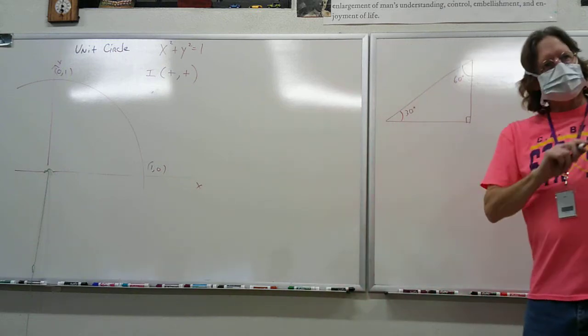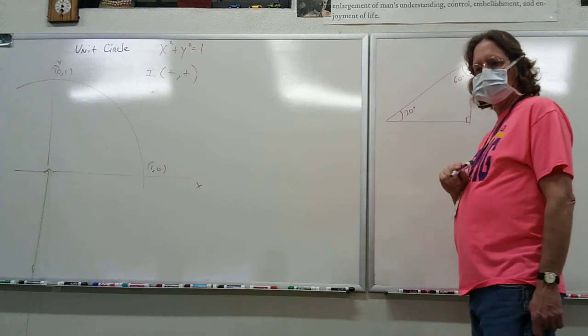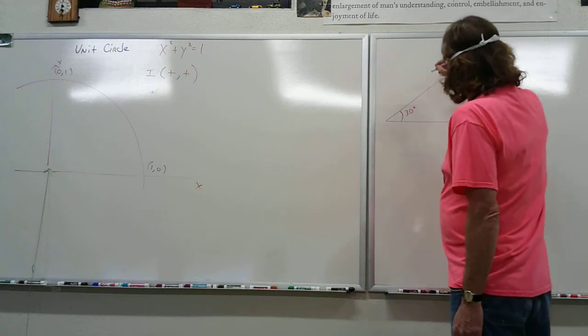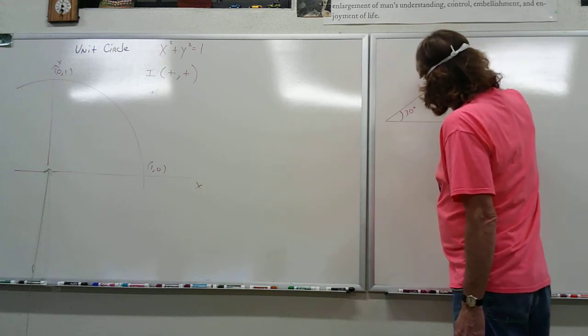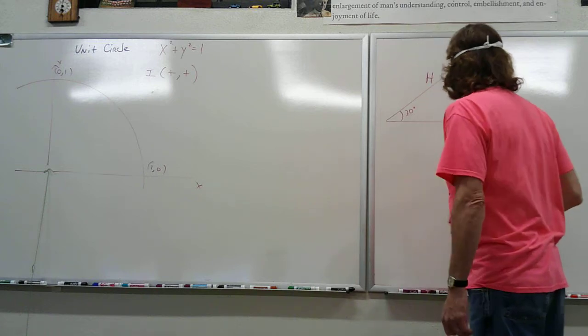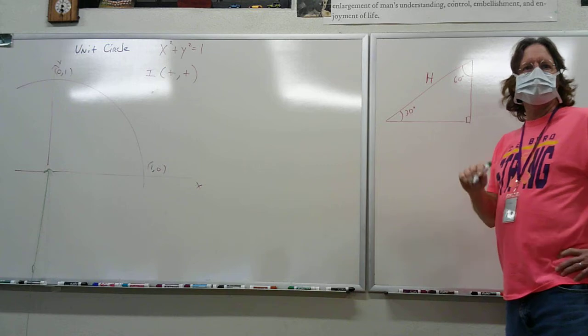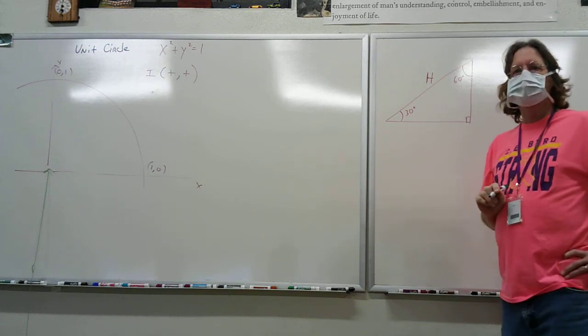And you learned some rules about that triangle. Those 30, 60, 90 triangles. You learned some rules about those. And if you have the hypotenuse right here, you learned that the side of 30 degrees always had a special relationship to the hypotenuse. Does anyone remember what it is?